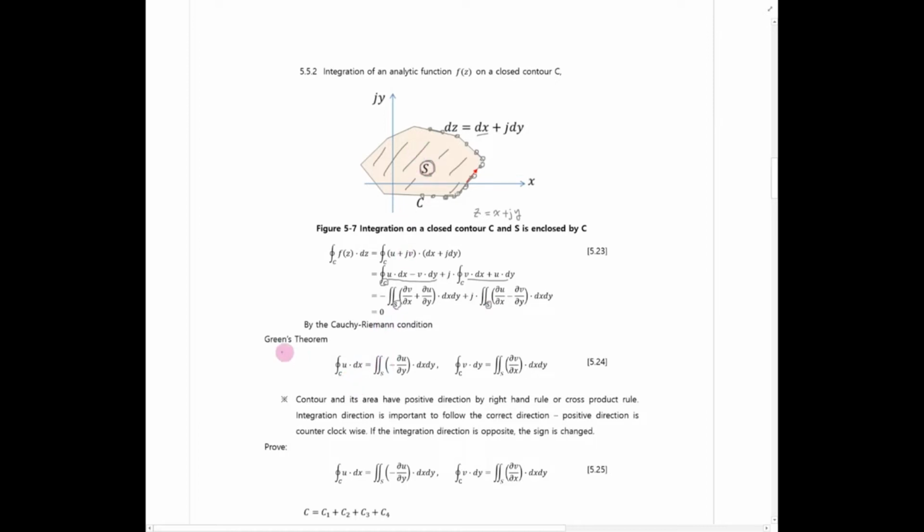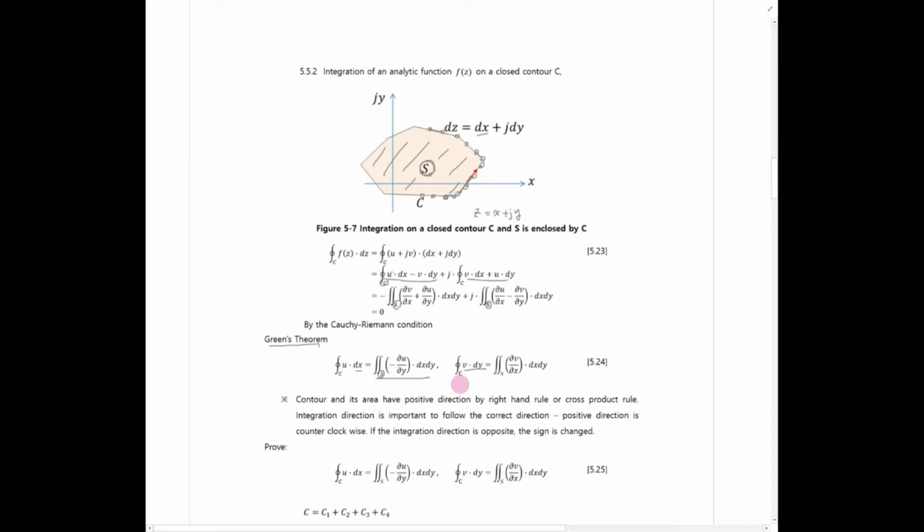Here shows the result of the Green theorem. The Green theorem says that the contour integration of the real part u over dx should be equal to the area integration of the differentiation of u with respect to y, dx dy, and similarly the imaginary part v times dy equals this one.